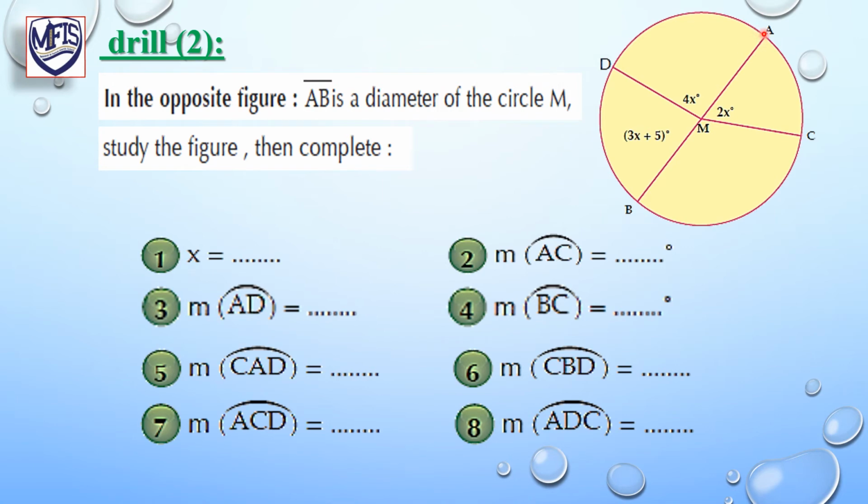Again, the measure of arc AGB equals 180. That means 4x plus 3x plus 5 equals 180. Solve the equation 4x plus 3x plus 5 equals 180 to find the value of x. The value of x here equals 25. Now stop the video, solve the problems, then check your answer.